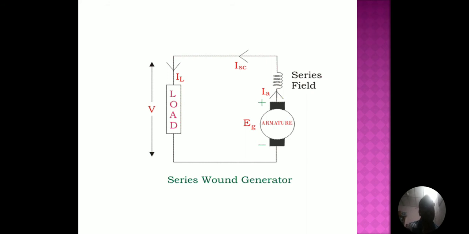Then it is called ISC, and the same current flows through the load, which is called IL. From this, we can say that the current IA is equal to ISC is equal to IL is equal to I, and the voltage across the load is V.